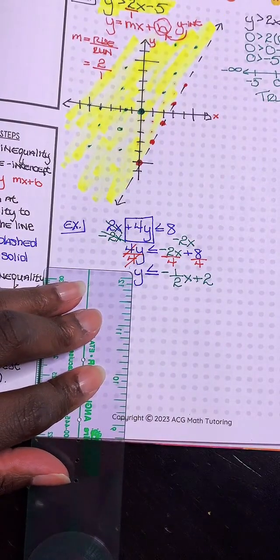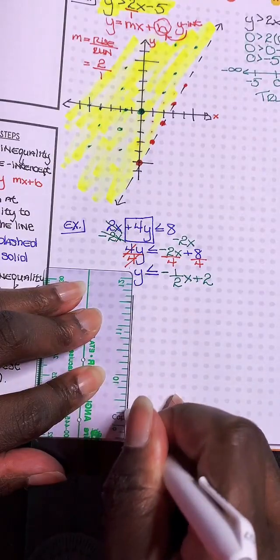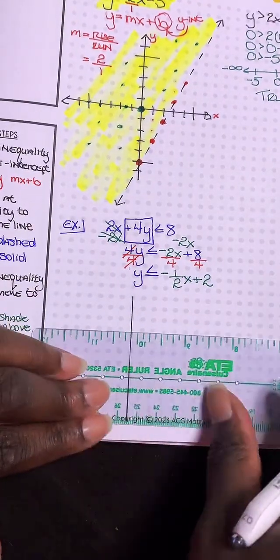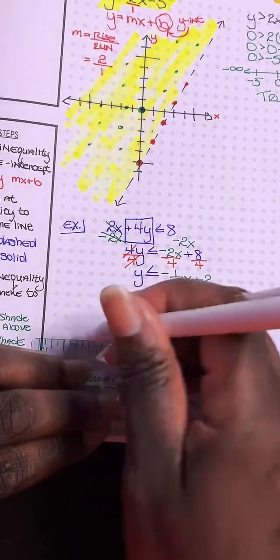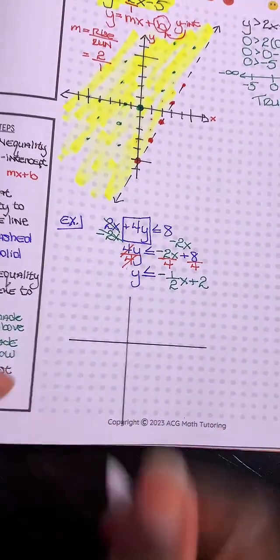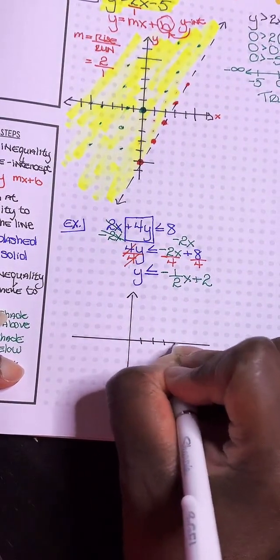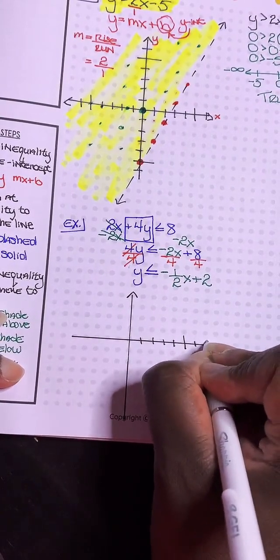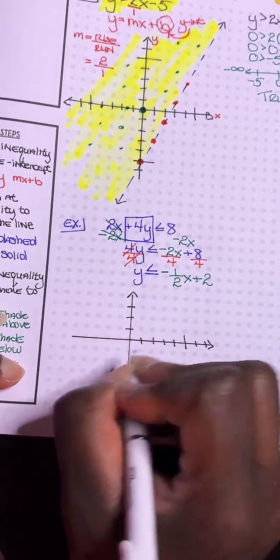I can just put it right here. And since my y-intercept is 2, I could probably put it right here, because I don't have to do too much with the x. So I got my 1, 2, 3, 4, 5, 6. If I want to do 7, I can.